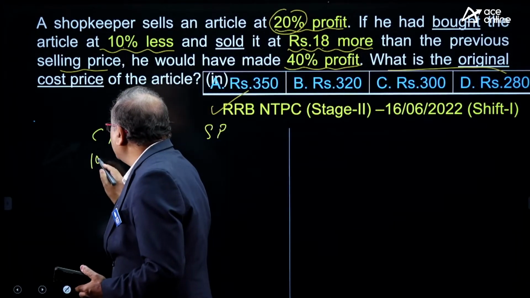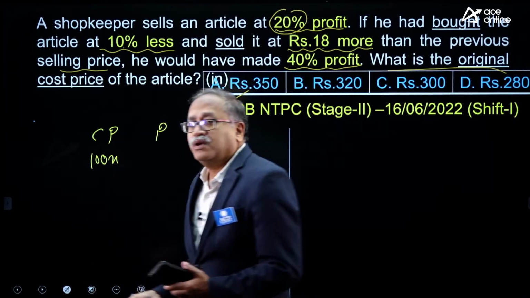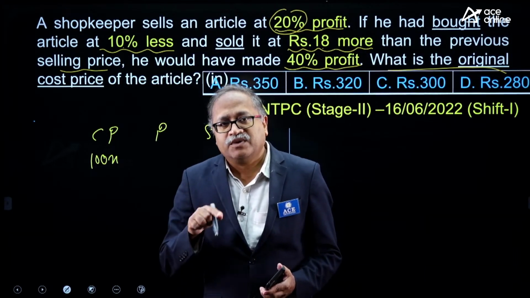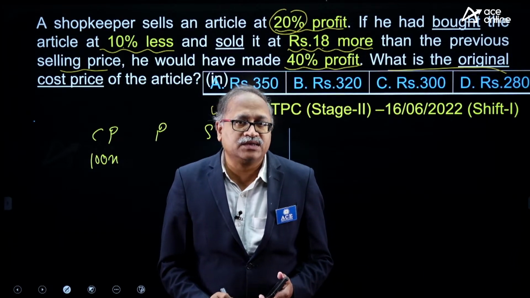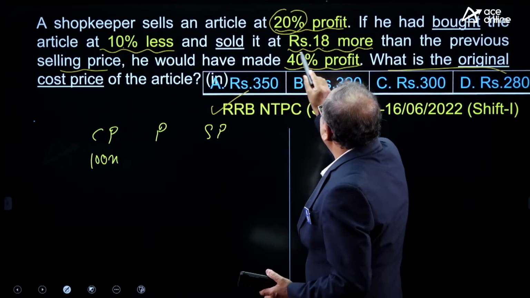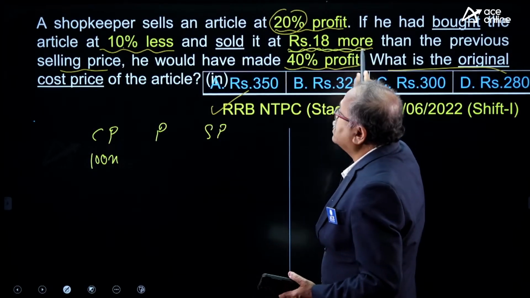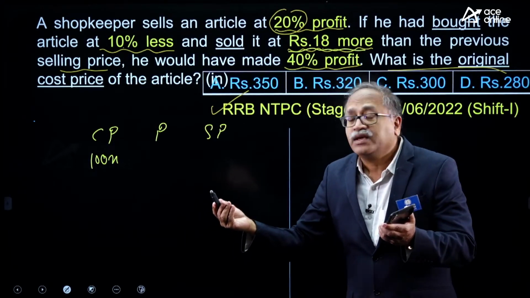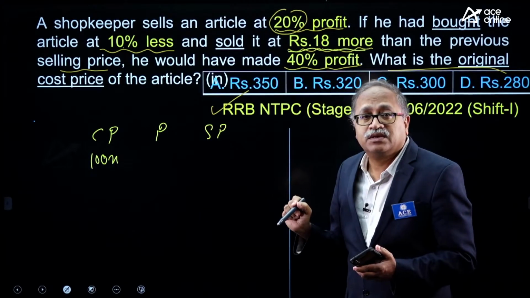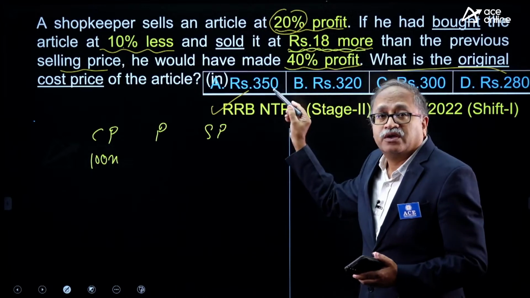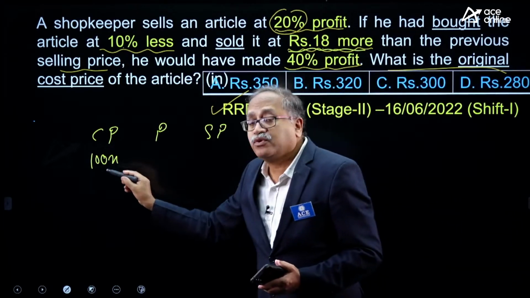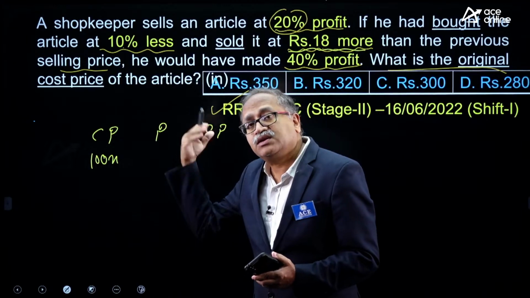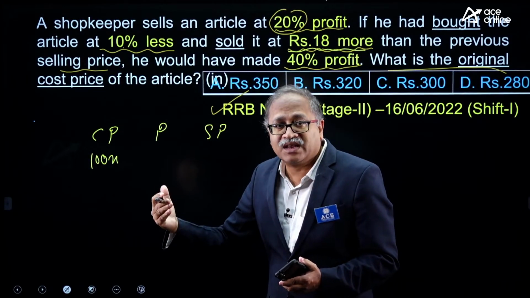If the cost price is 100x, you may say, Narendra, till now you wrote 100, but here why are you writing 100x? Because here it is not in terms of percentage. The selling price is 18 rupees more. It is not in terms of percentage. So a value is there, and when a value is there, I have to prefer 100x, or else like previously I would have taken 100.